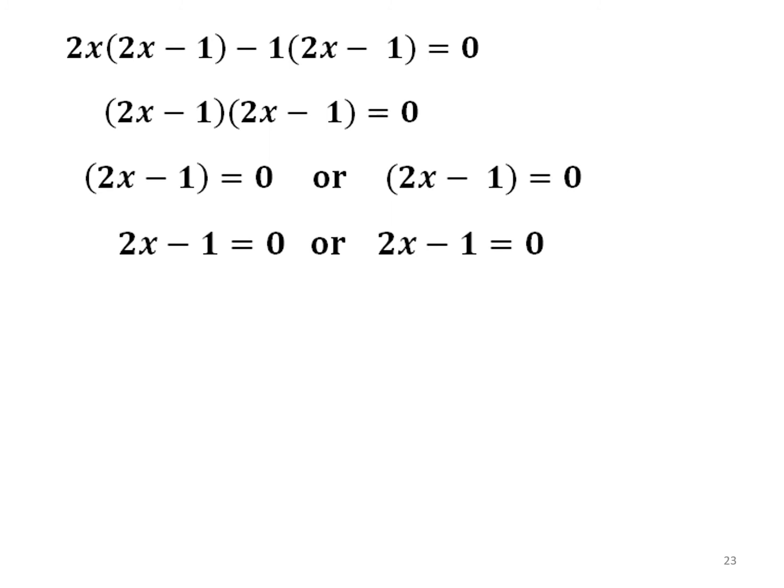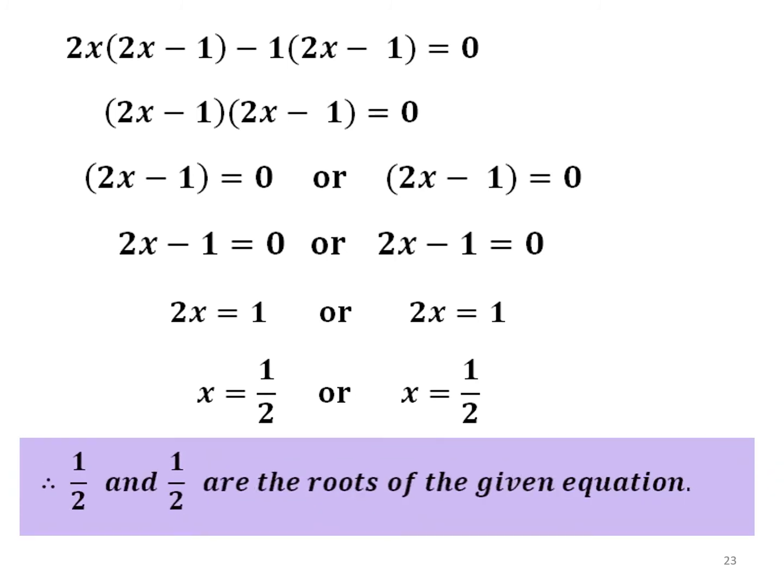So 2x − 1 = 0, or 2x − 1 = 0. Therefore, x = 1/2. On the other side also, x = 1/2. Therefore, 1/2 and 1/2 are the roots of the given equation.